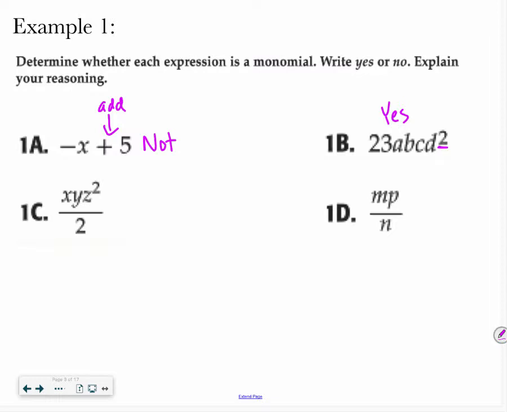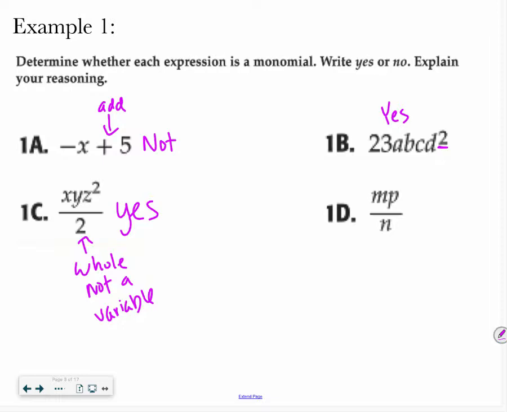1c, we have x, y, z squared divided by 2. This is a monomial because even though we're dividing, we're dividing by a whole number and not a variable. So this is okay. That is an example of a monomial.